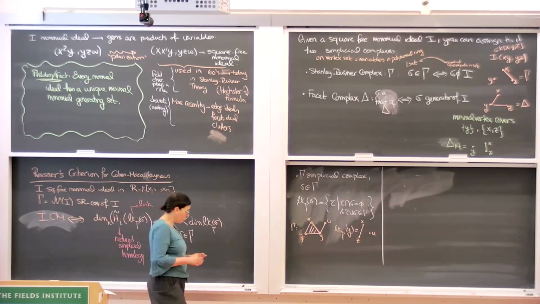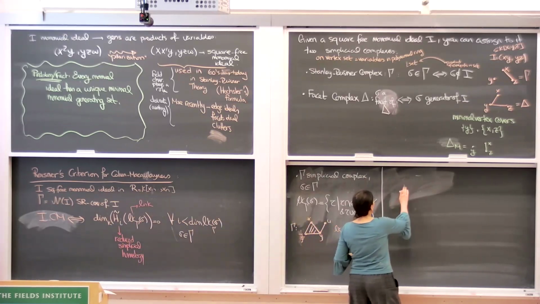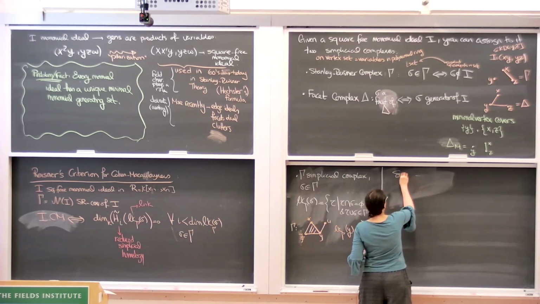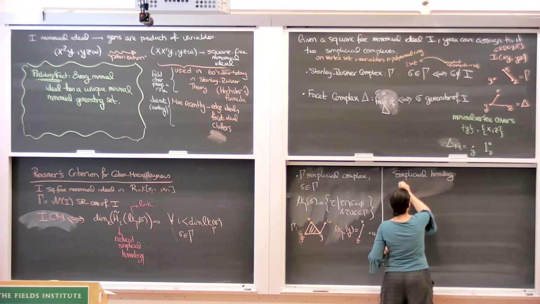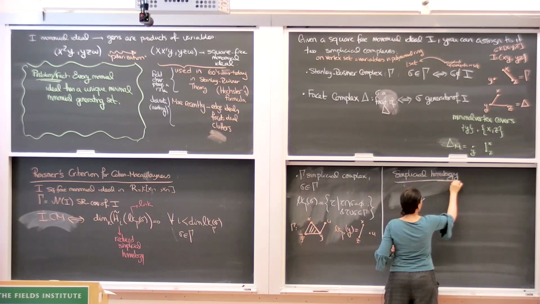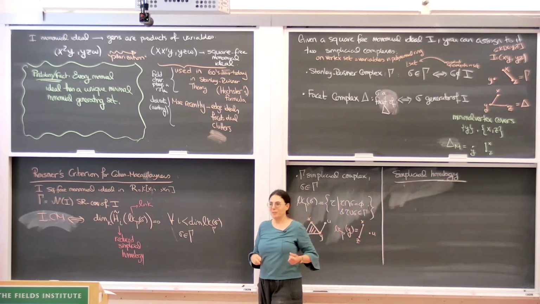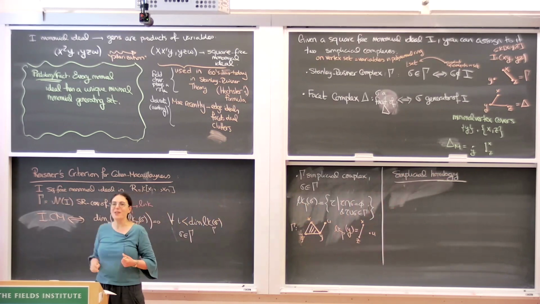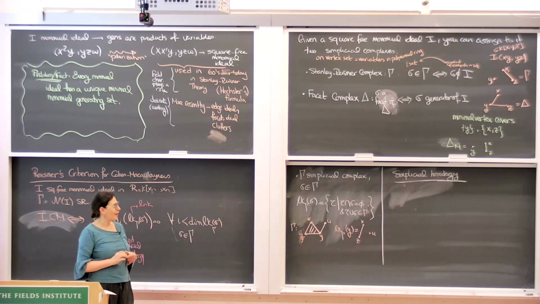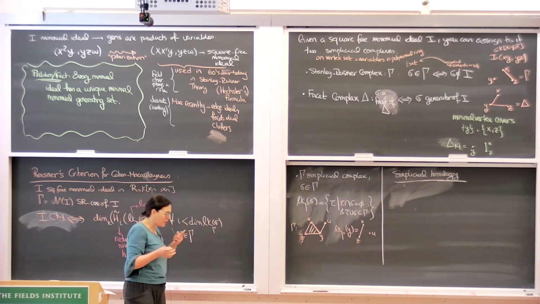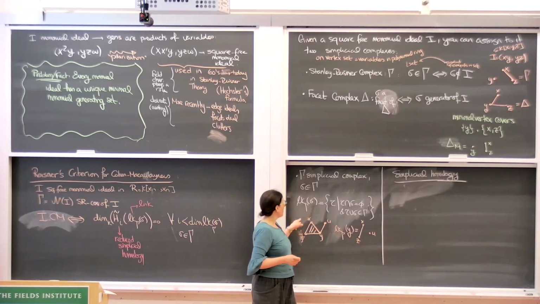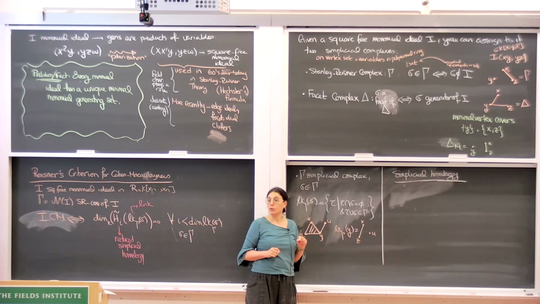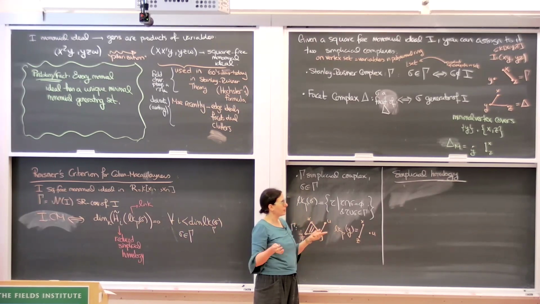And simplicial homology. Simplicial homology is a bit more complicated. But Claudia talked about cycles and boundaries. So cycles and boundaries are exactly what are used here. Our cycles are going to be cycles of faces coming from faces of a special dimension of a simplicial complex, and the boundaries are going to be boundaries of those faces.